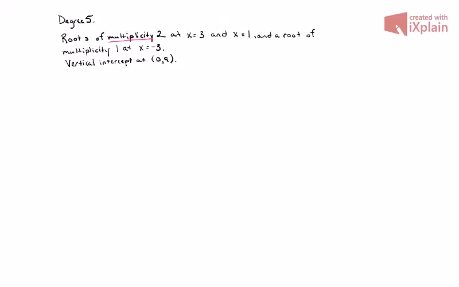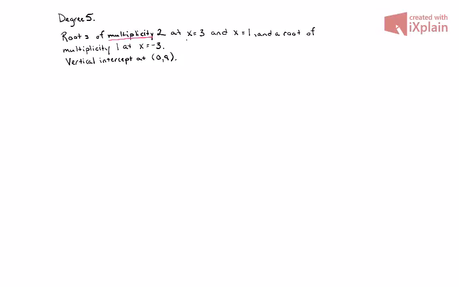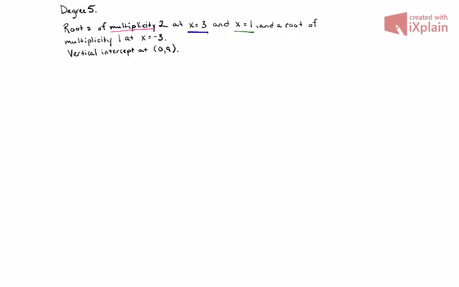So what I first want to note here is that I have these roots at x is equal to 3, and then x is equal to 1. If I have x is equal to 3, that means if I went backwards, in other words, if I subtracted 3 from both sides, I would get x minus 3 is equal to 0.